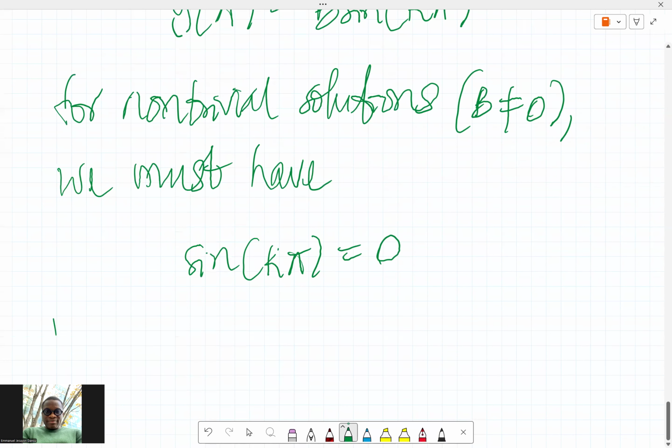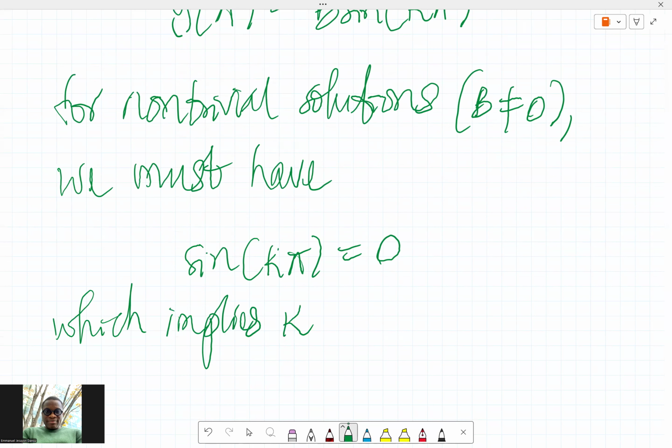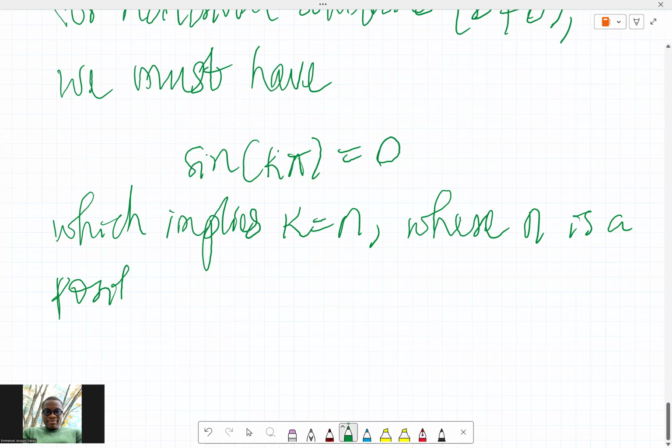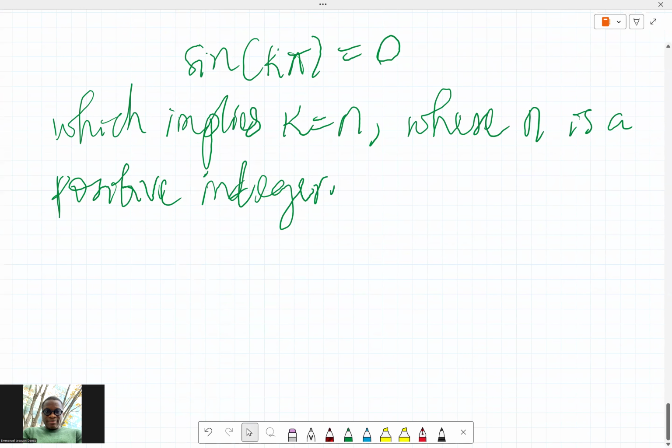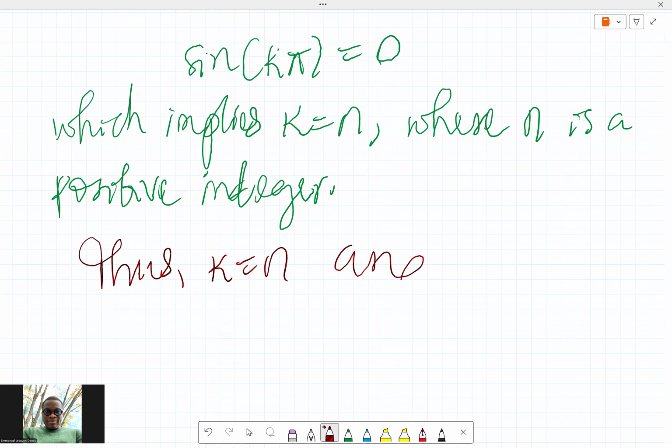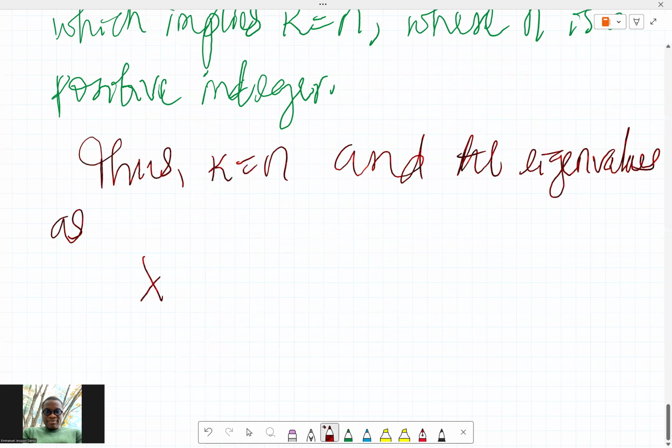So what that simply implies is that k is equal to n, where n is a positive integer. Thus k equals n, and the eigenvalues are lambda n, which is equal to k squared.